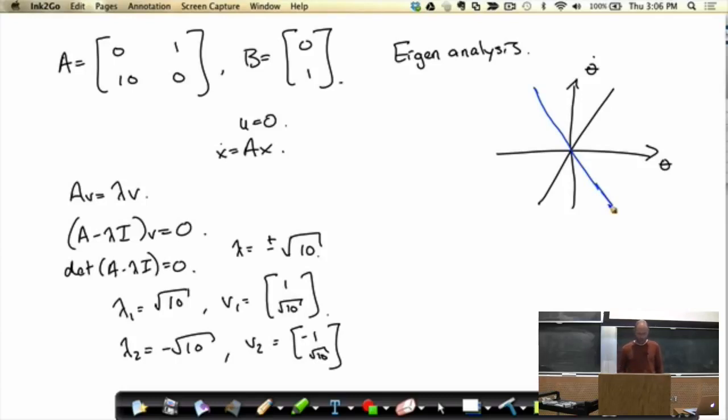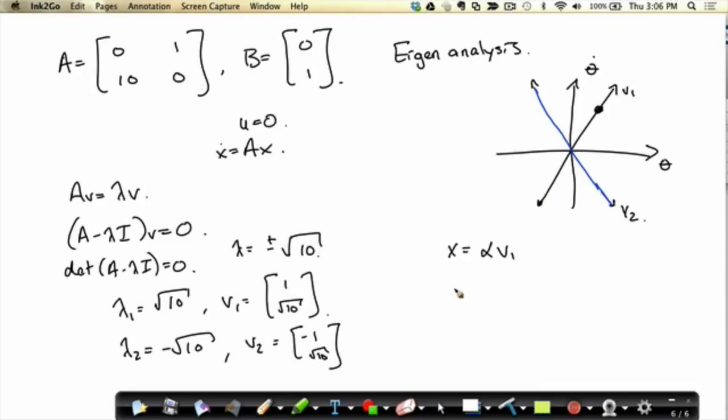The reason to do the eigenvector analysis is that if I have some initial condition x on v1, and this one's v2, if it's just some place along the v1 axis, then on this axis the vector field is easy to understand.